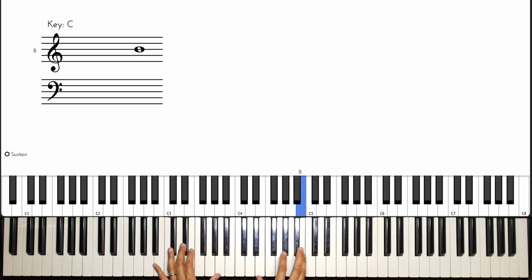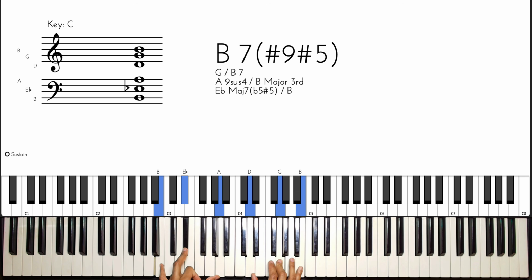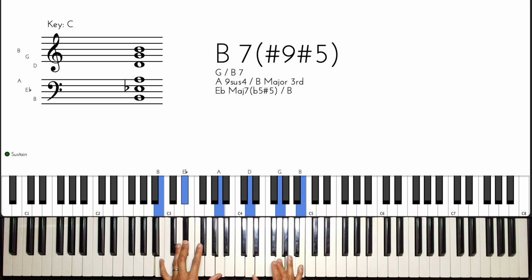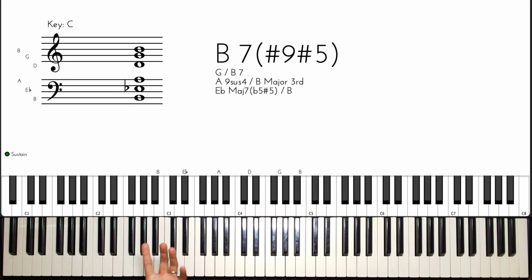Next chord would be a 7 once again, but this 7 is going to be formed as a B7 sharp 9 sharp 5. A simple way of thinking about this chord is we're playing a B, we're playing the 3rd and the dominant 7th, so that gives us that B7, and the right hand is going to play a major triad that is a sharp 5th away, or a minor 6th away from B, which is G. So we play a G major, and we play it in this inversion because of the melody.